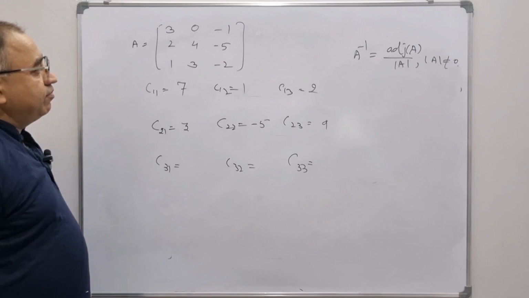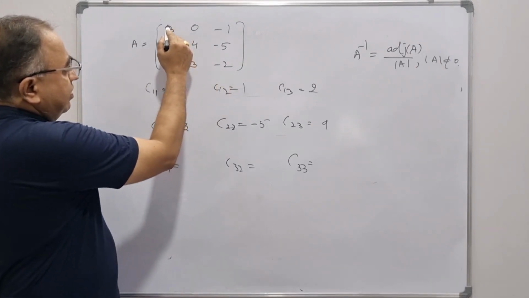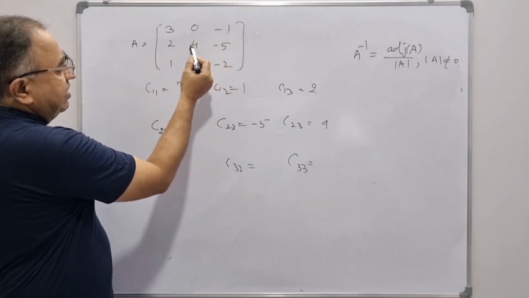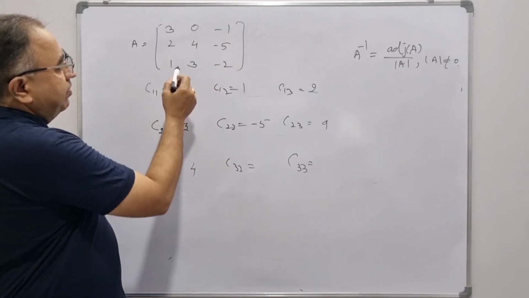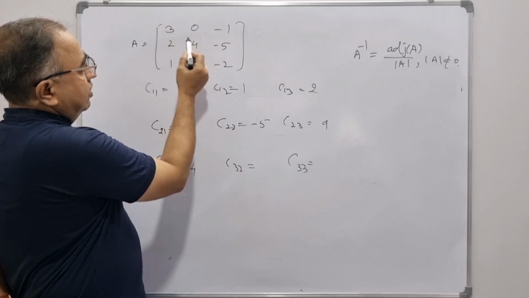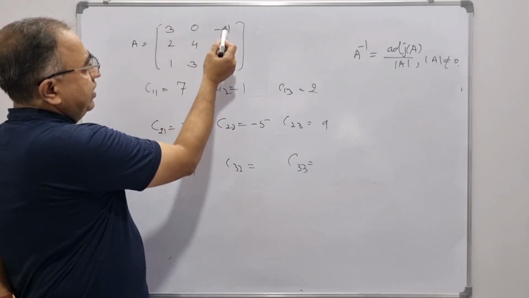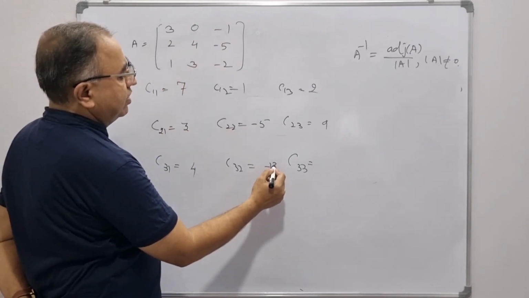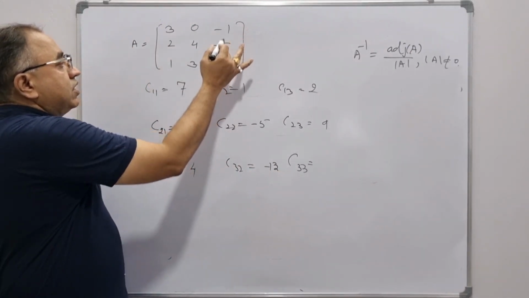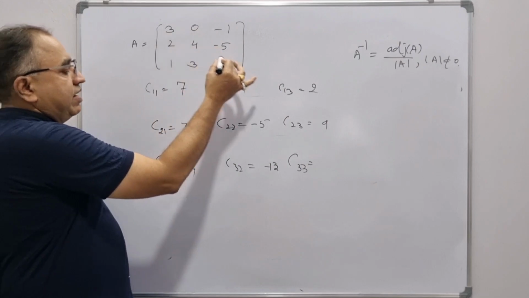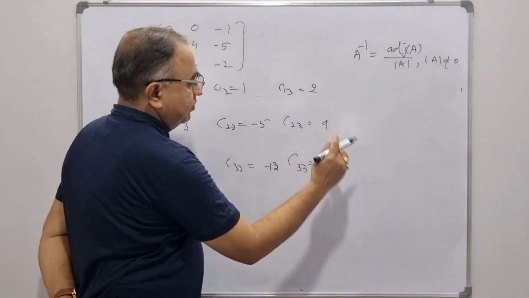Now starting from the third row: suppress third row and first column. This product minus this product, it's 0 minus plus 4. 3, 2: suppressing third row, second column. This product minus this product, minus 15 plus 2, 2 minus 15 is minus 13. Now C33: third row, third column. This product minus this product, 12 minus 0, it's 12.